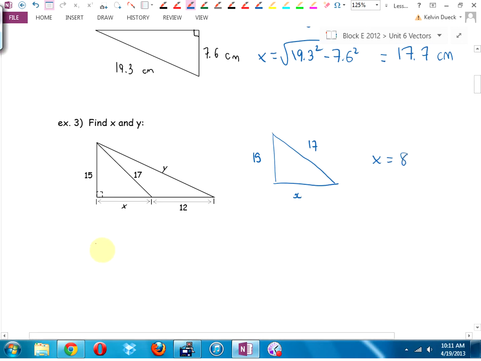So now what I have is this. And 20, yes? Hey, try it again. 25? Hey, Mr. Dueck, you did that completely in your head without a calculator.